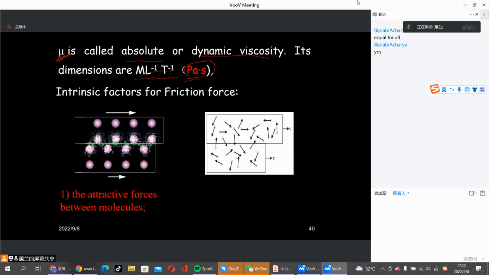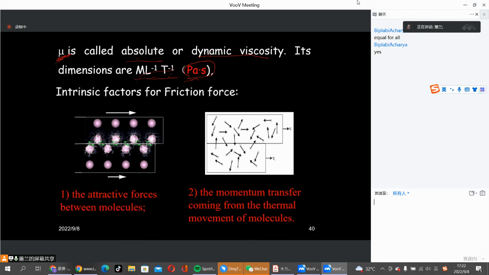And another thing is that the molecules are moving here and there, so they bump into each other. They will have momentum transfer, right? We know that if two cars bump into each other, if they collide with each other, there will be momentum transfer, there will be forces, right? So another important factor for this internal friction force is the thermal movement of the molecules.